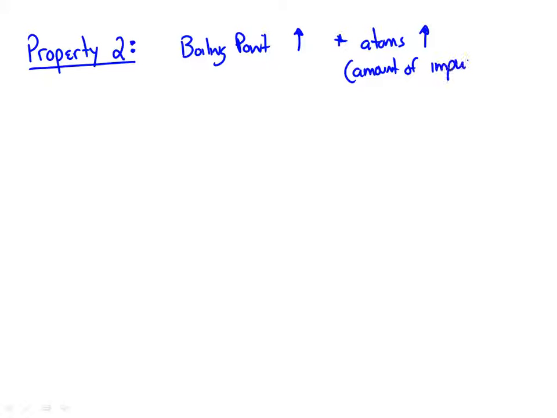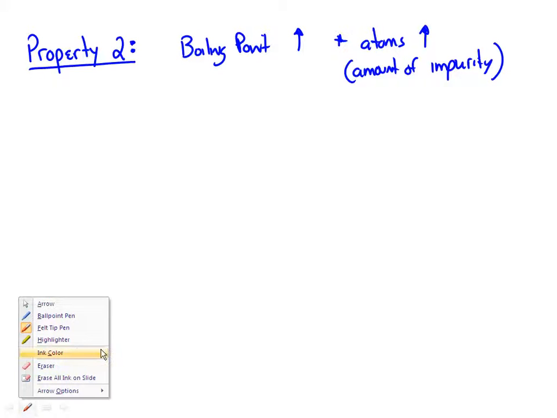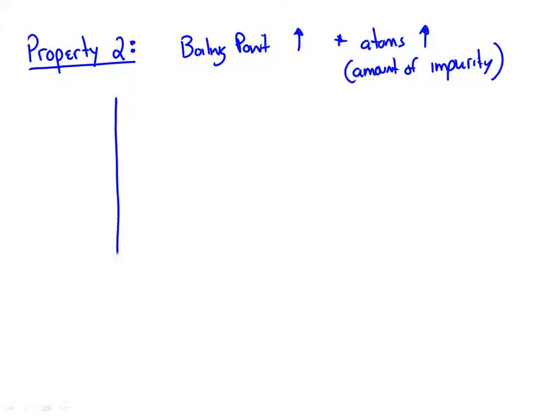So property 2 then is that the boiling point increases as the number of atoms increases, or as the amount of the impurity increases. And so if we draw that graph again, here's my millimeters of mercury, that's my vapor pressure, and this is temperature.